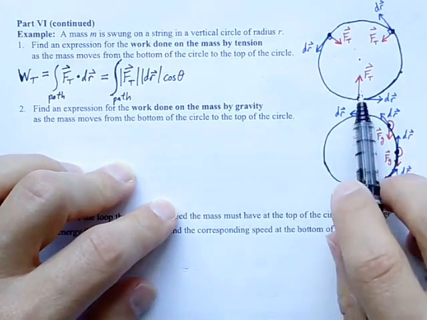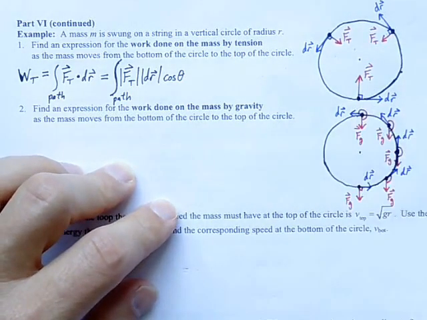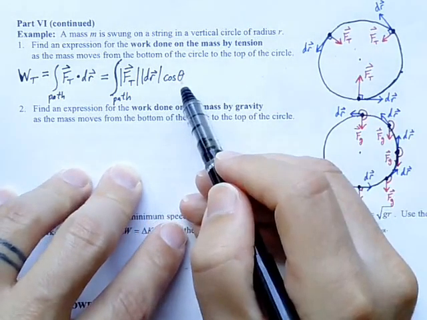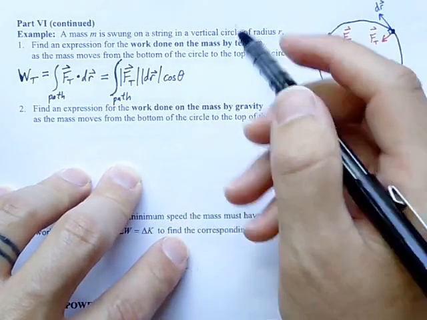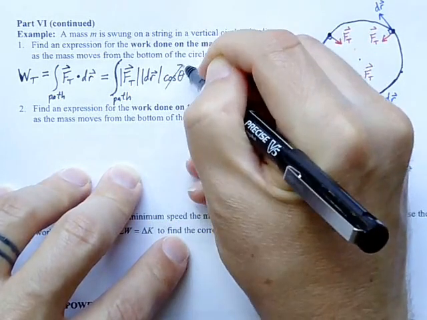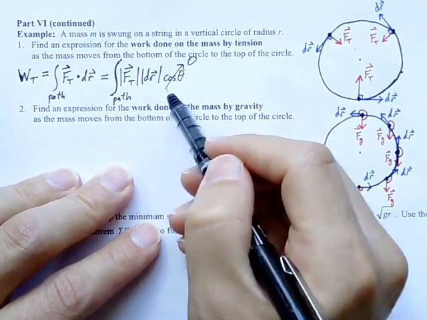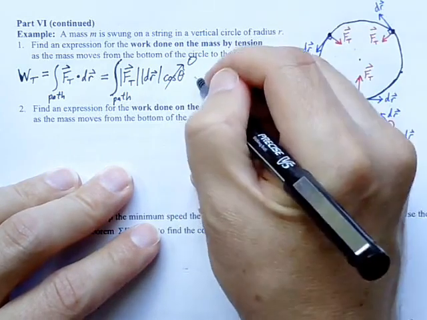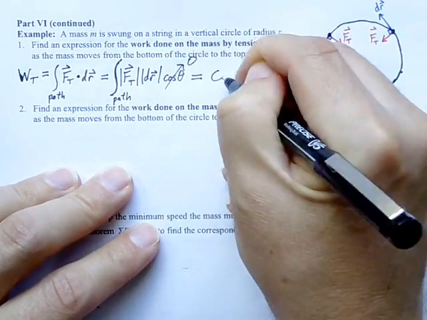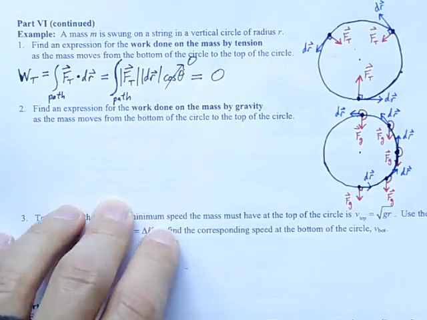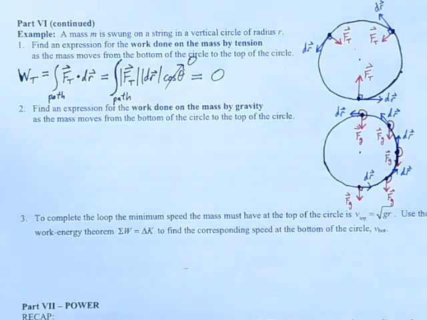Tension points in towards the center and displacement is always tangent to the path. They're always at a right angle. Therefore, the angle theta between them is always 90 degrees. Cosine of 90 is 0, making our integrand 0 at all locations. Therefore, 0 work is done by tension along that path.